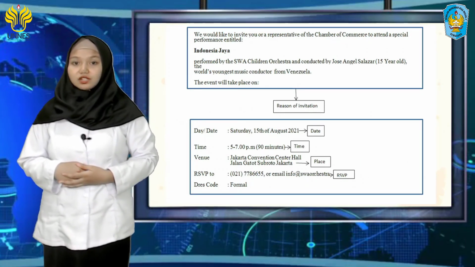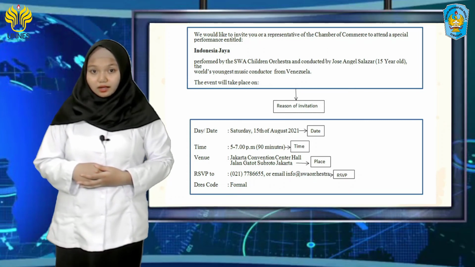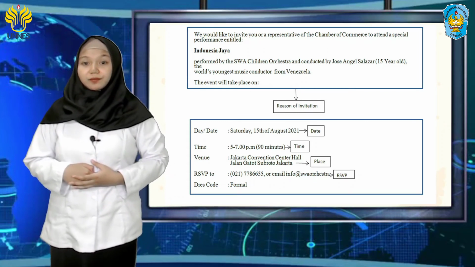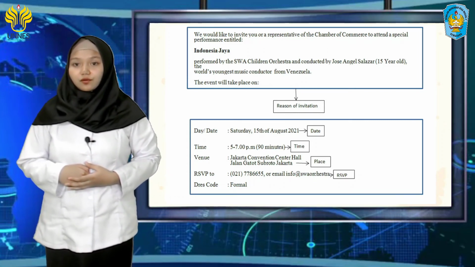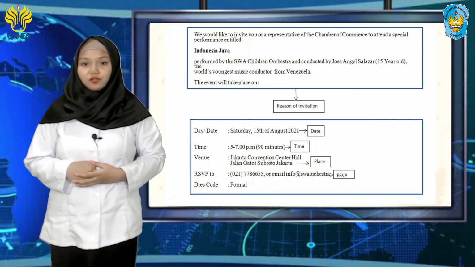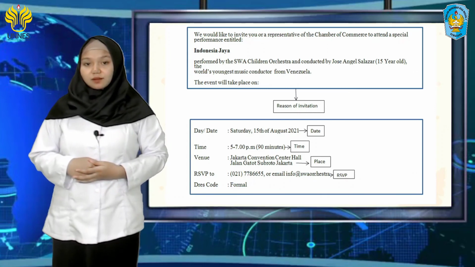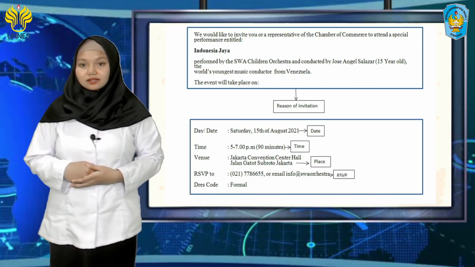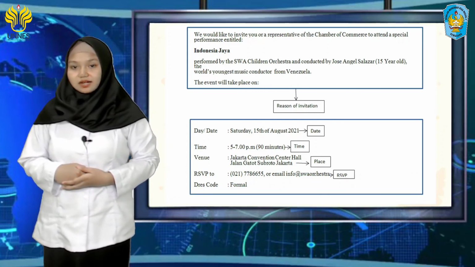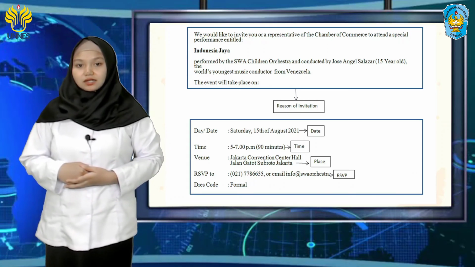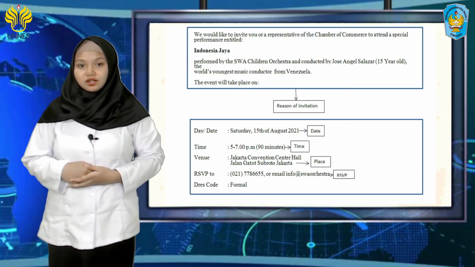We would like to invite you or a representative of the Chamber of Commerce to attend a special performance entitled Indonesia Raya, performed by the SWA Children Orchestra and conducted by Jose Angel Salazar, world's youngest music conductor from Venezuela.